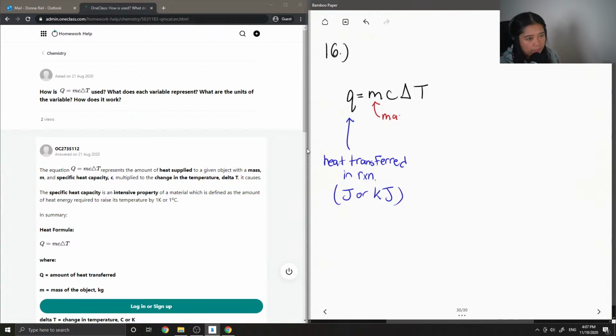M is for mass. And typically it is given in kilograms or grams. C stands for the specific heat capacity. And its units are joules divided by grams times degrees Celsius.